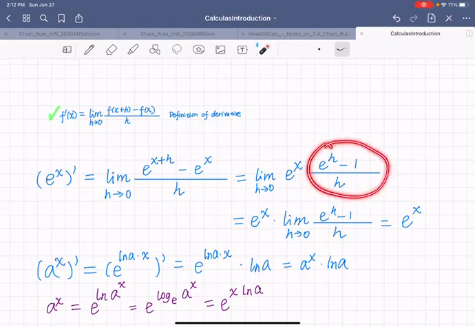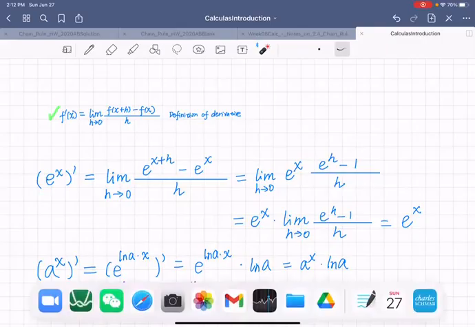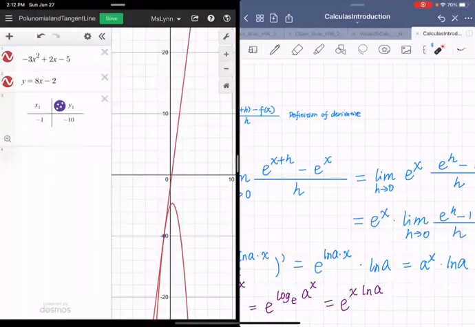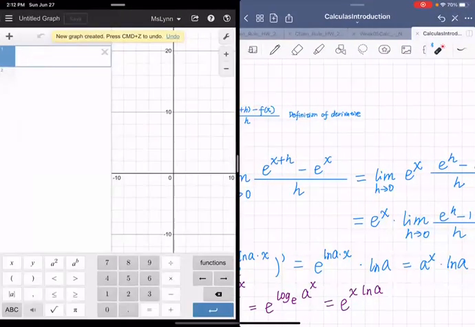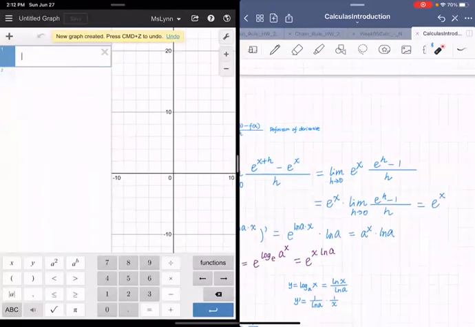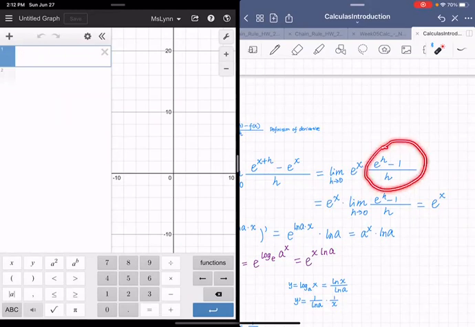What we can do now is use the graphing calculator. You might wonder why we always have to use the graphing calculator. It is because we haven't learned L'Hospital's rule yet. Without L'Hospital's rule right now, if we want to find those derivatives, we can only use the graphing calculator.